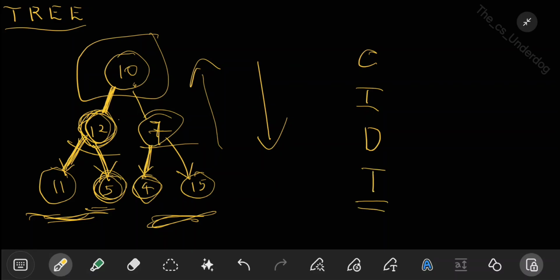There are different techniques used to traverse through the tree, so we'll learn about all those. There is depth first traversal, there is breadth first traversal, and inside each of these there are further classifications: in-order, pre-order, post-order, and so on. So in the coming lectures, in detail, we'll go through how to traverse through the tree, what the different operations are, and what all the specific use cases of trees are.